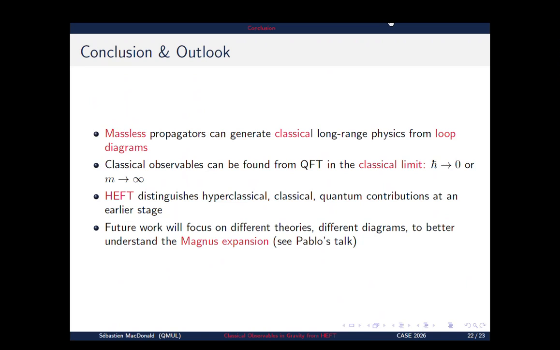And a heavy effective field theory can help you distinguish between hyperclassical, which tends to infinity in the classical limit; classical, where you get a finite answer in the classical limit; and quantum, which tends to 0 in the classical limit. But at an earlier stage, just from the kinematics making life easier.